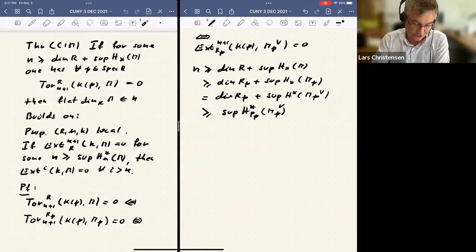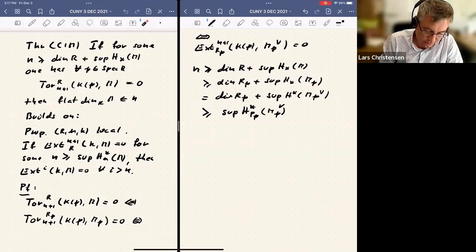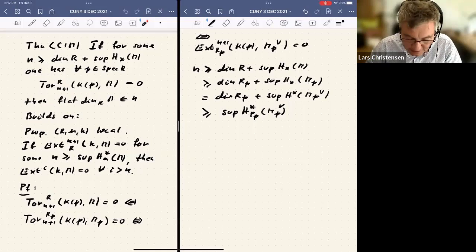So this means that, because n is big enough, the proposition allows me to say that all the Ext's larger than n will vanish, and by doing the same argument here, just instead of doing n+1, doing an arbitrary index, that then tells me that the Tors vanish. So that's the proof of that.